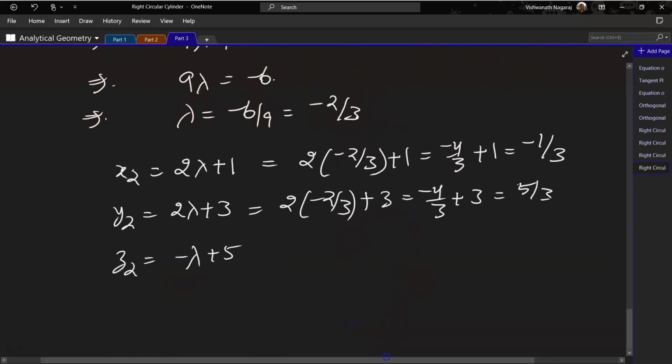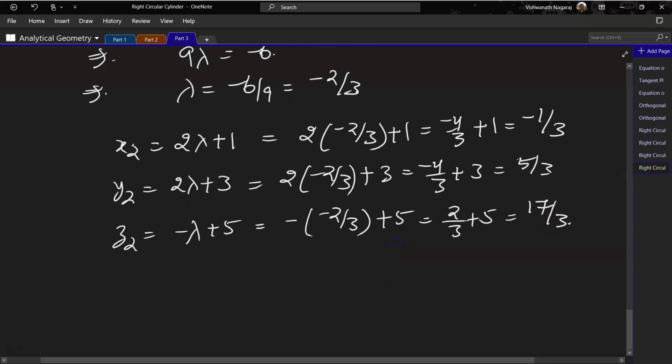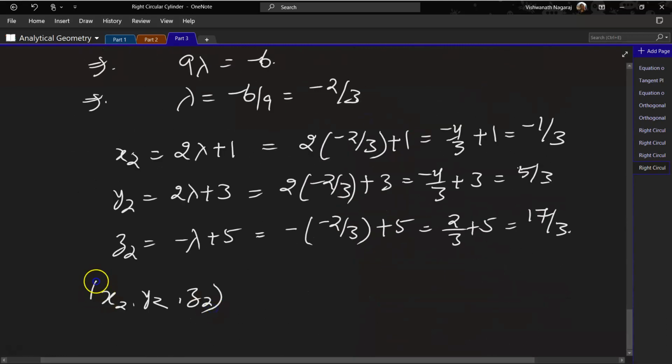Yes, minus lambda plus 5, which is equal to 2 by 3 plus 5, which is equal to 15 plus 2, 17 by 3. That means (x2, y2, z2) is equal to (minus 1 by 3, 5 by 3, and 17 by 3).